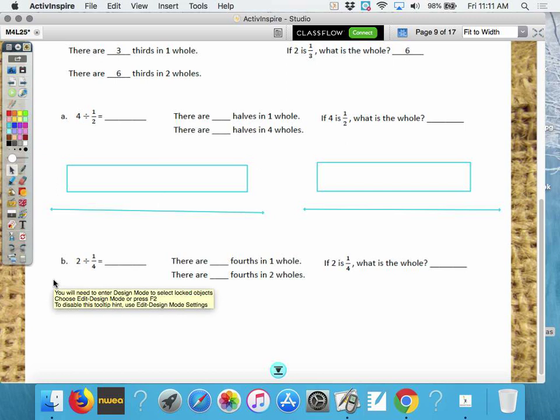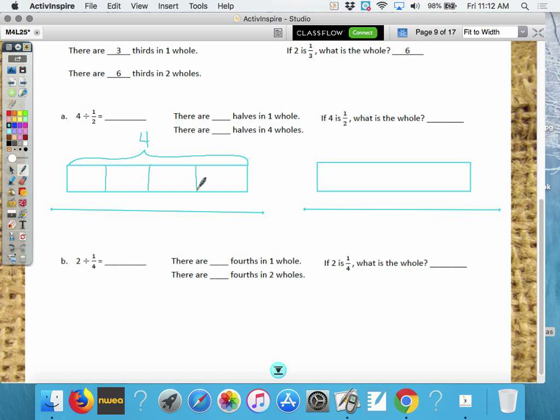All right, so we're going to start by putting the whole number on top of the first tape diagram. So my whole number is 4. 4 divided by a half. Okay? Now, we have to put our 4 whole numbers on here. So your whole numbers, just put 4 equal parts.